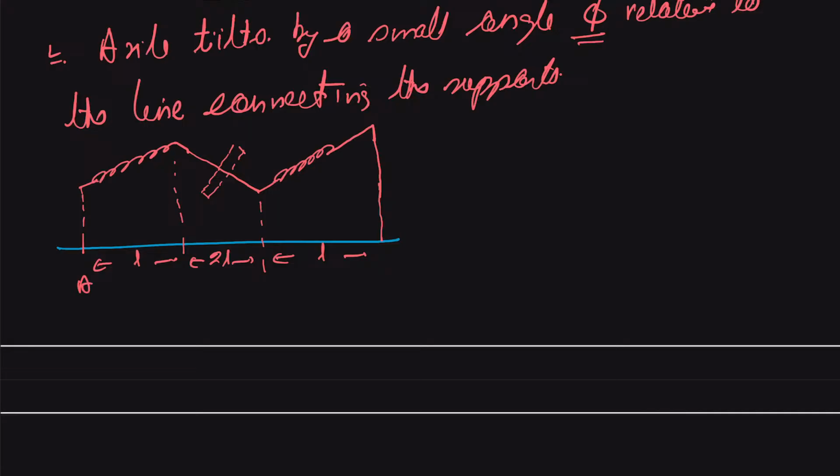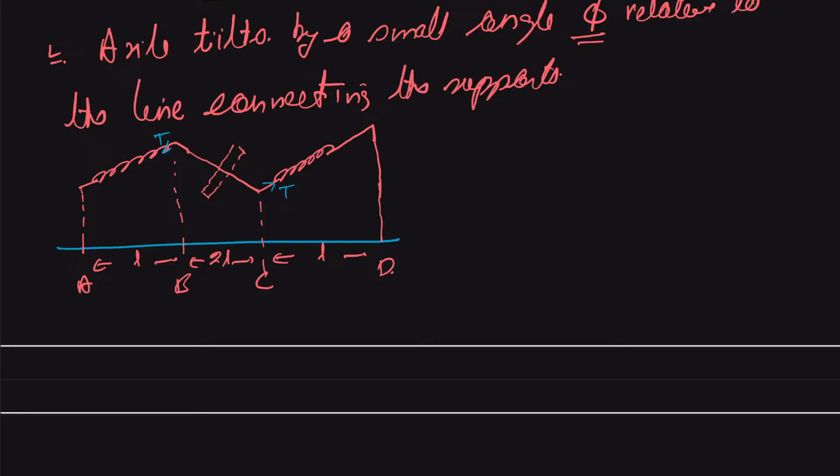So let us call these A, B, C and D. And there will be tension T on this side as well as on the other side also. So this is our basic figure.